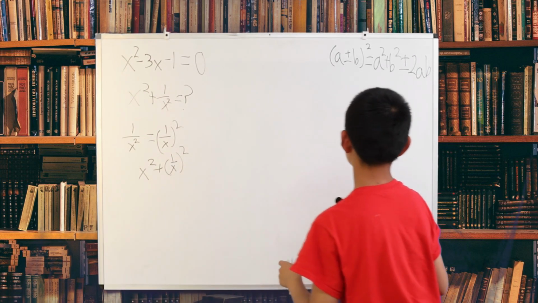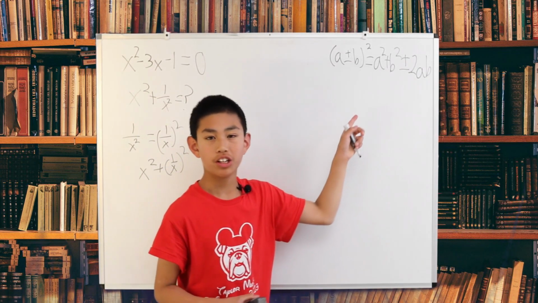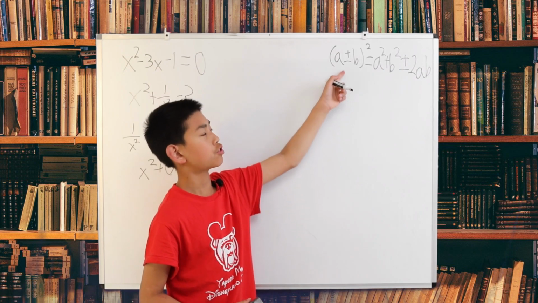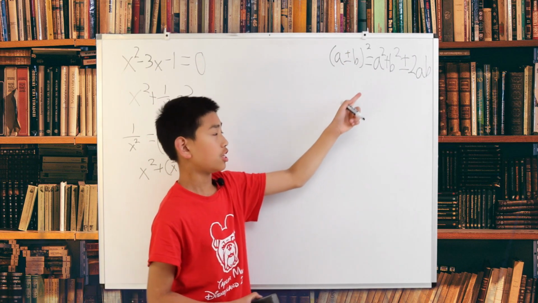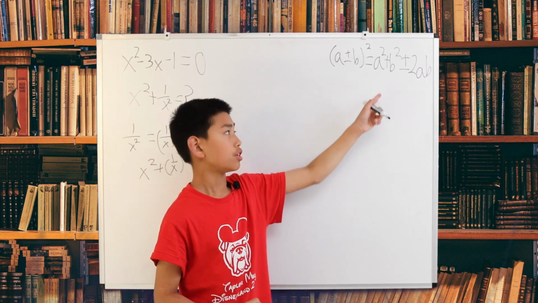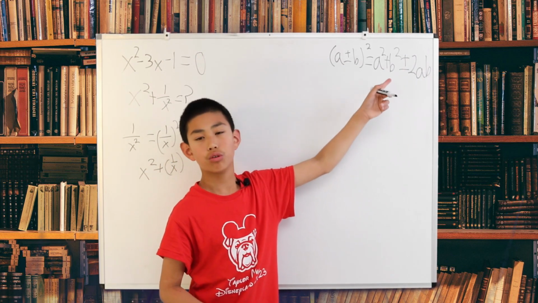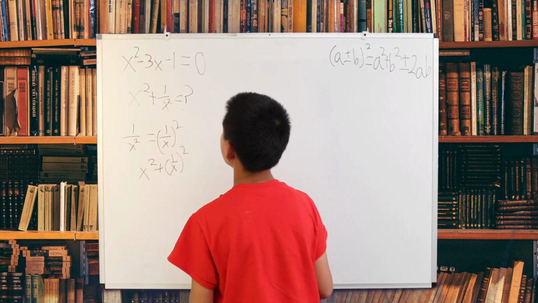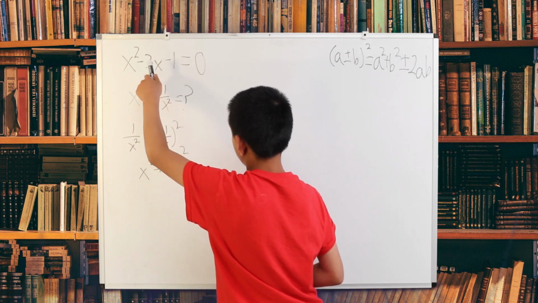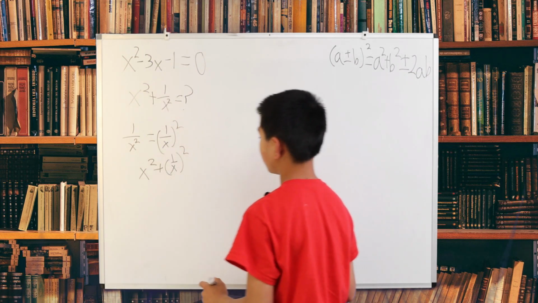And now we will use this formula up here: (a plus or minus b) squared is equal to a squared plus b squared plus or minus 2ab. And since the equation is minus, we use the minus.